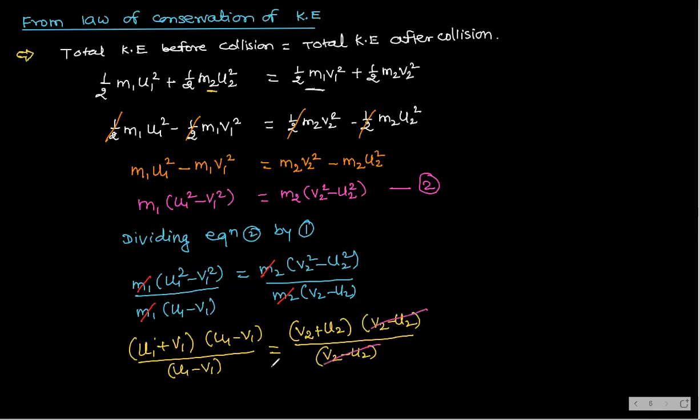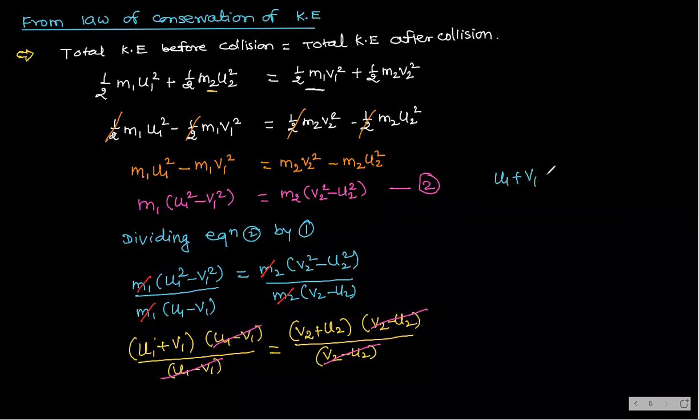This and this will get cancelled. Here also this and this will get cancelled. What is left now? u1 plus v1 is equal to v2 plus u2.